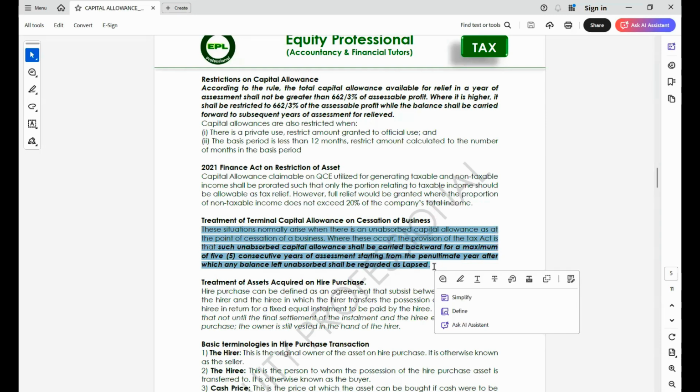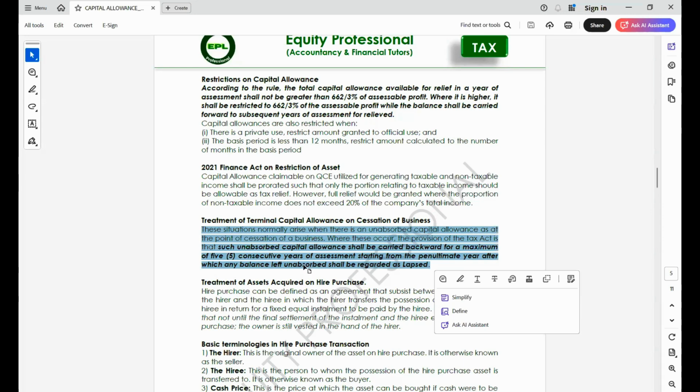Any amount you have after the 5th year will lapse. So when a company is ceasing operation, any unclaimed capital allowance as at the date of cessation is not a waste to them.